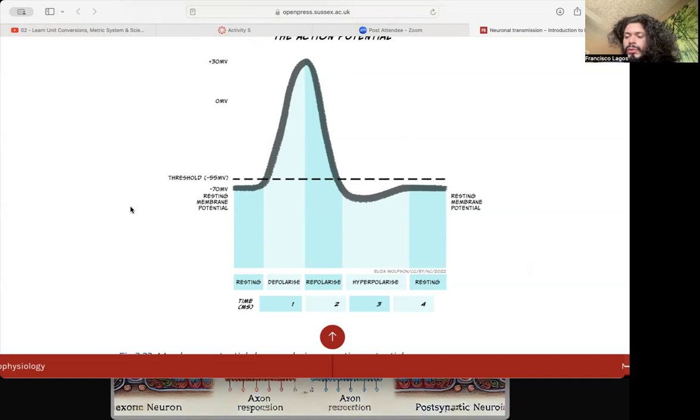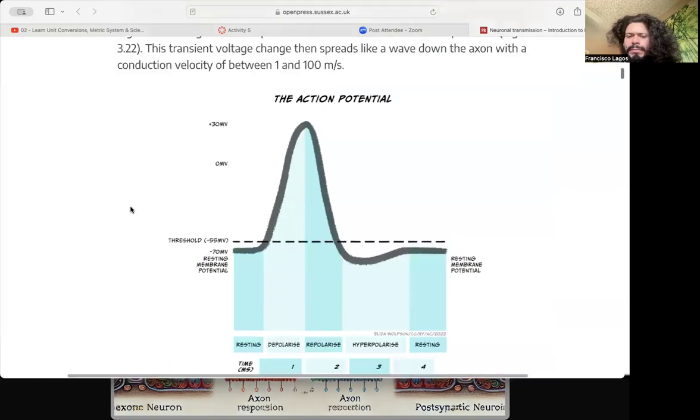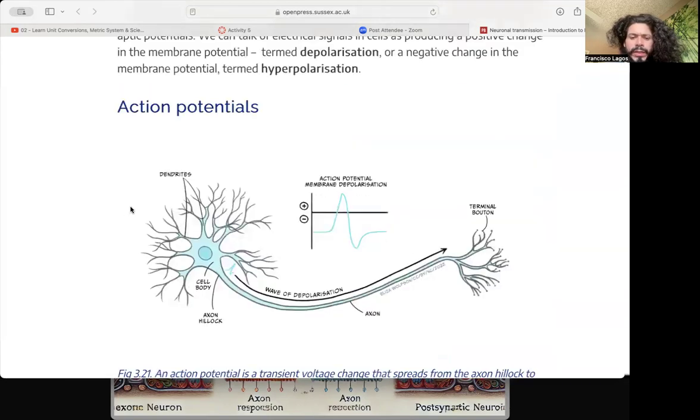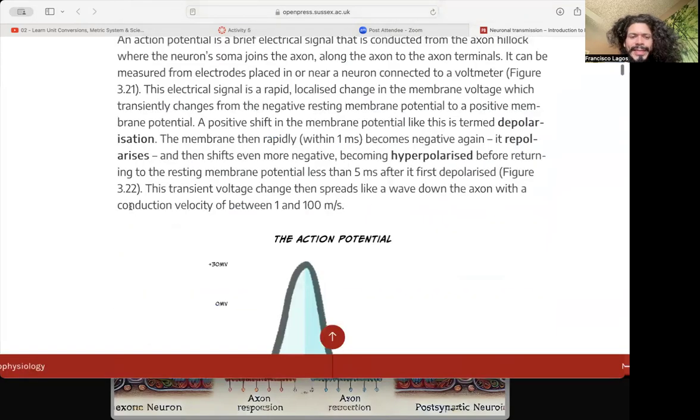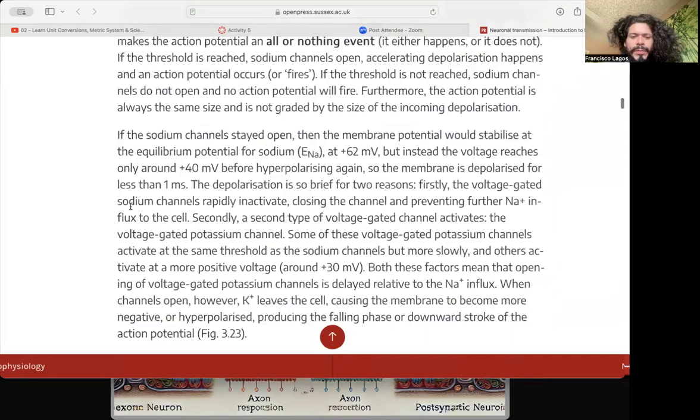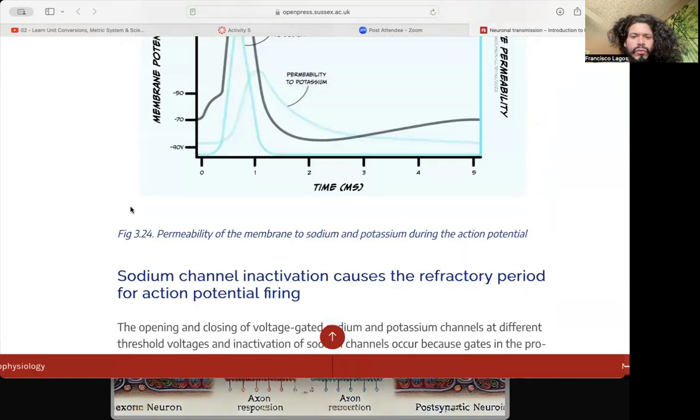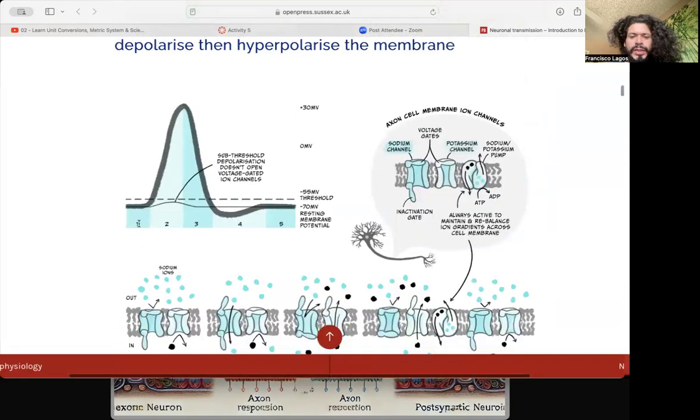Let's talk a little bit about excitation and inhibition. Let's see if I have a picture for excitation and inhibition. No, okay, so let's stay here. The received signals can cause either excitation or inhibition at the dendrites. Excitatory signals trigger depolarization.